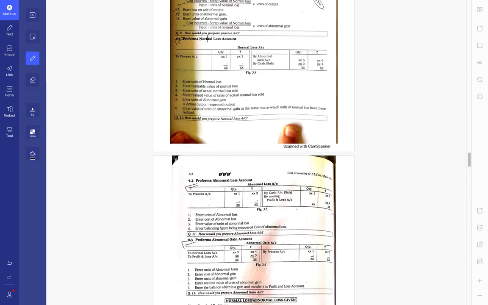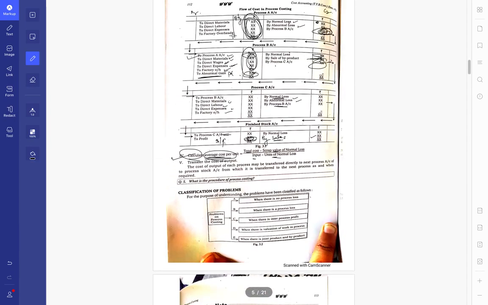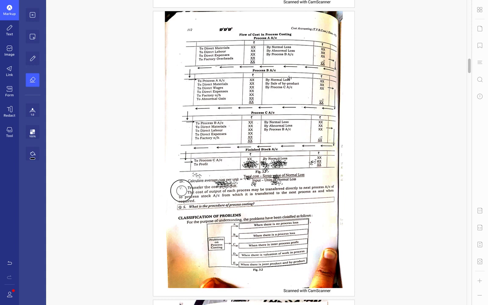So it's the proforma of a normal loss account. If you have understood the basic format for preparing the process accounts A, B and C, whatever the case may be, and you understood how the balances are transferred in each of them, you will easily be able to make out what the other side proforma looks like.